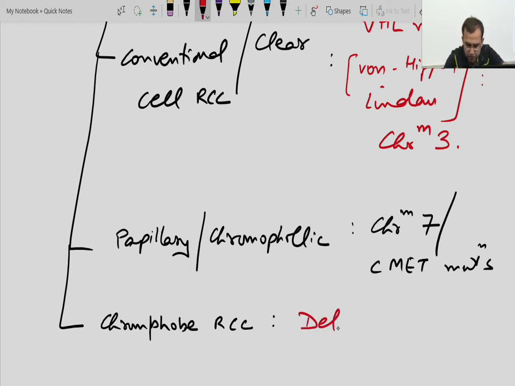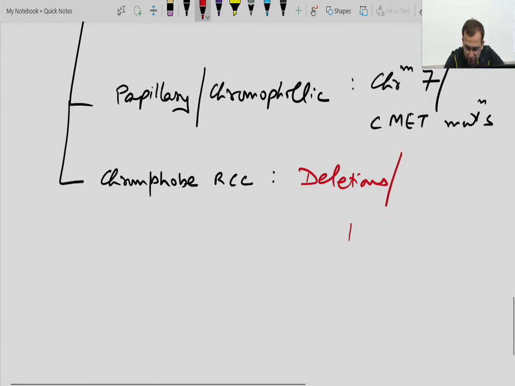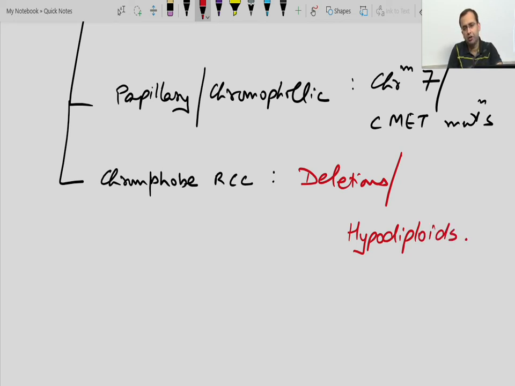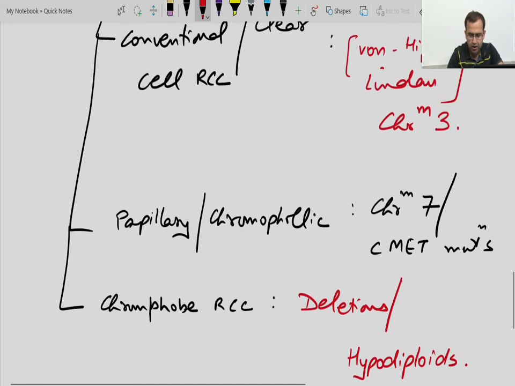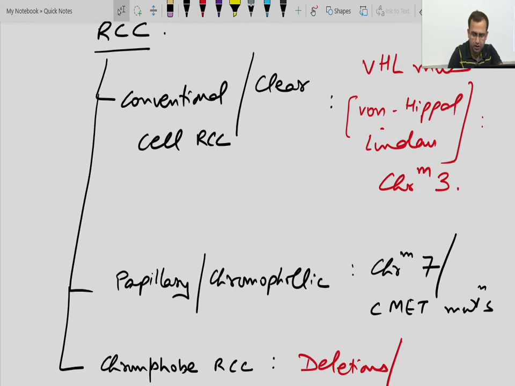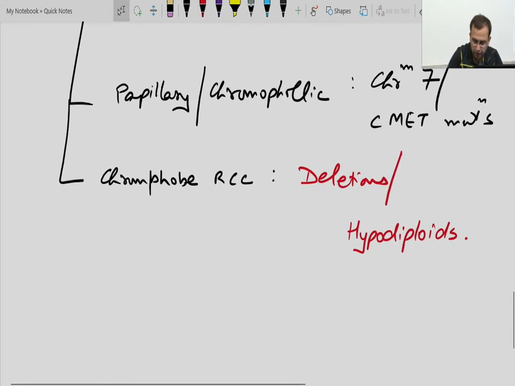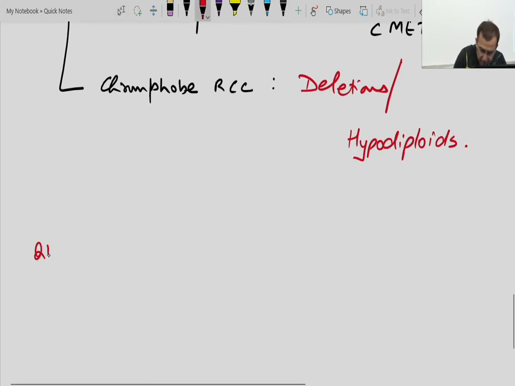So it is associated with deletions or hypodiploidy. This is RCC, renal cell carcinoma. Done. This gets us to the next question, that is question number 15.